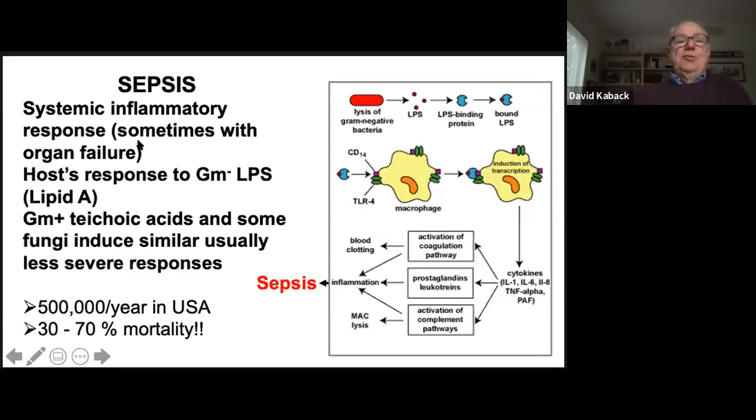And as I mentioned, gram negatives have a very toxic LPS, whereas teichoic acids, as well as some fungi, produce a much less severe response, not quite the kind of sepsis.